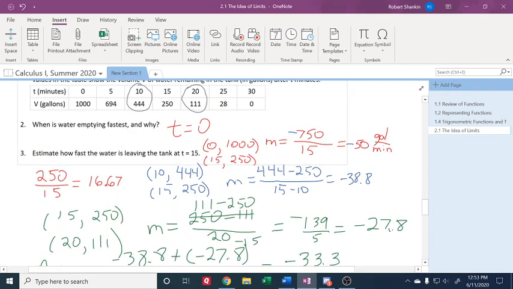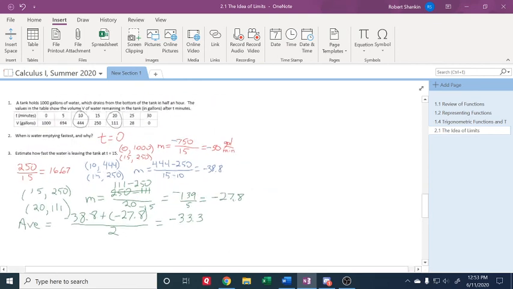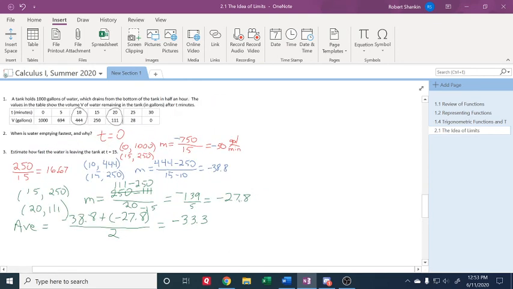Let me shrink this so I can get it in here.